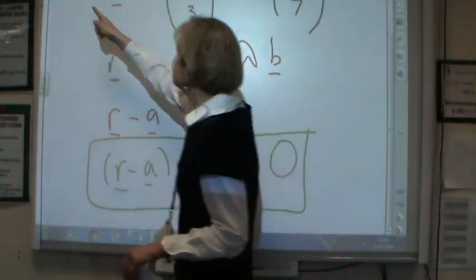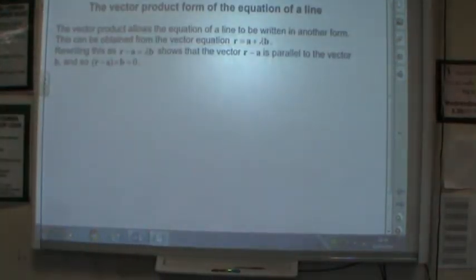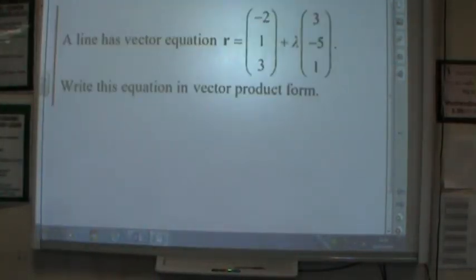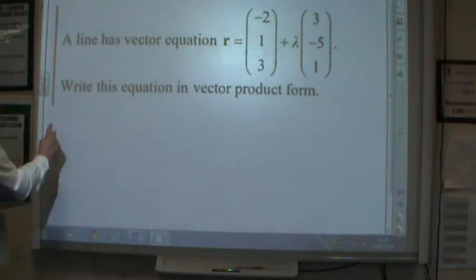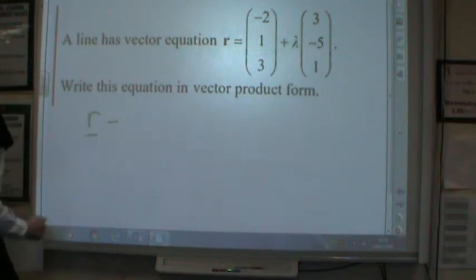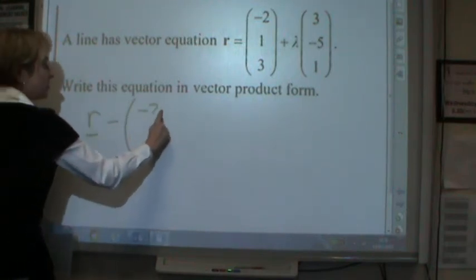So an example of this might be: a line has a vector equation with position vector (-2, 1, 3) and direction vector (3, -5, 1). Write this equation in vector product form. All you would do is rewrite it as R, take away your position vector.